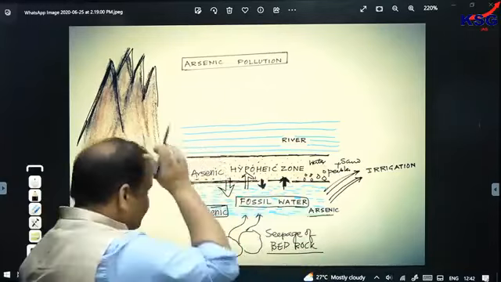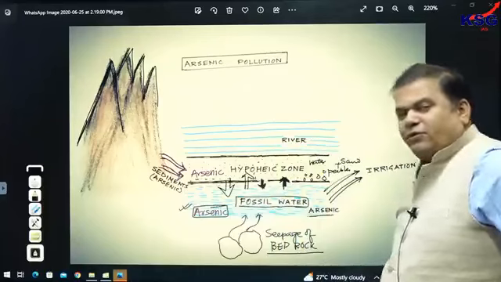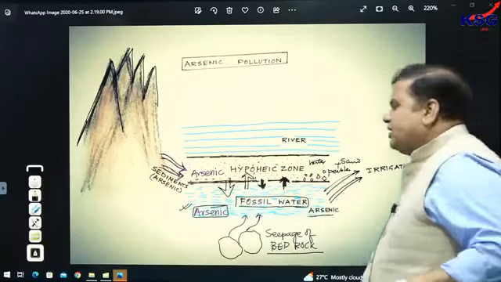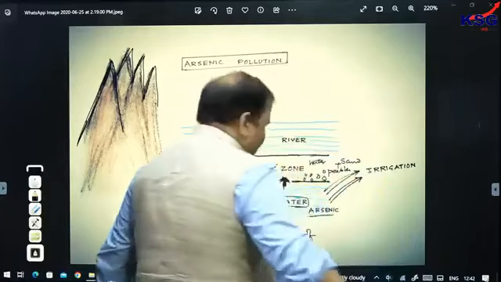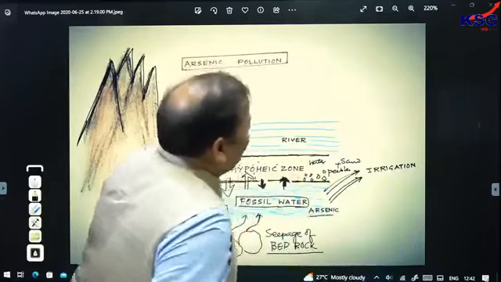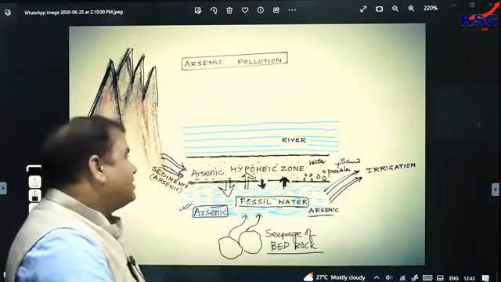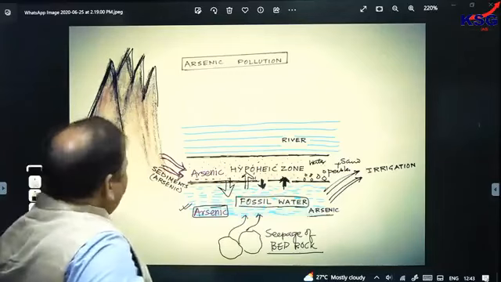And this is also a reason behind arsenic contamination in India. So you can see, because of arsenic contamination, diseases take place, like melanosis. Melanosis is what?